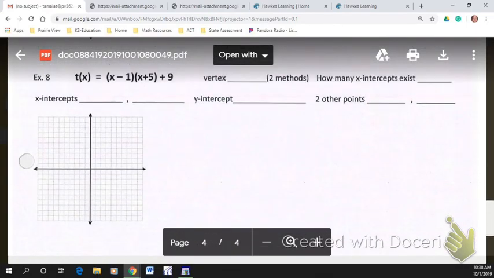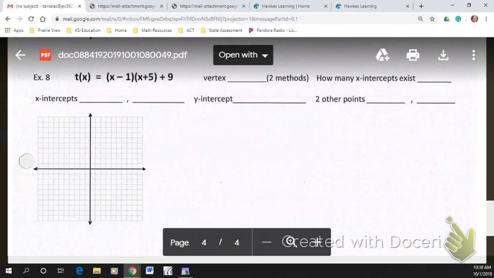Example 8. Okay, is this one in vertex form, standard form, or neither? Neither. Yeah, that's not vertex or standard form. So what am I going to do? You got to work it out and make it look like one of those two, right? Okay, well, let's do that. Let's take this thing right here and multiply that out.